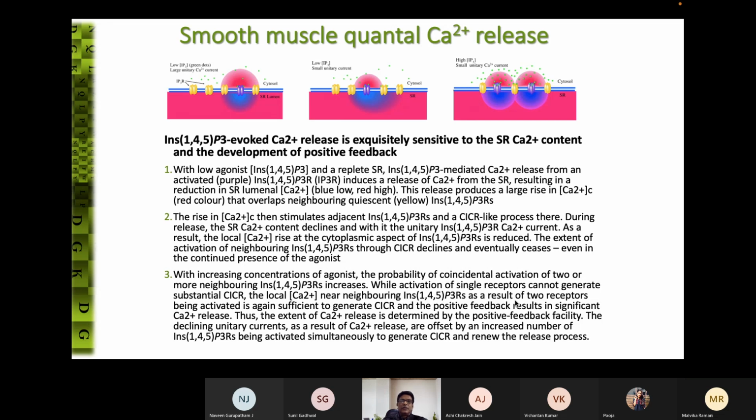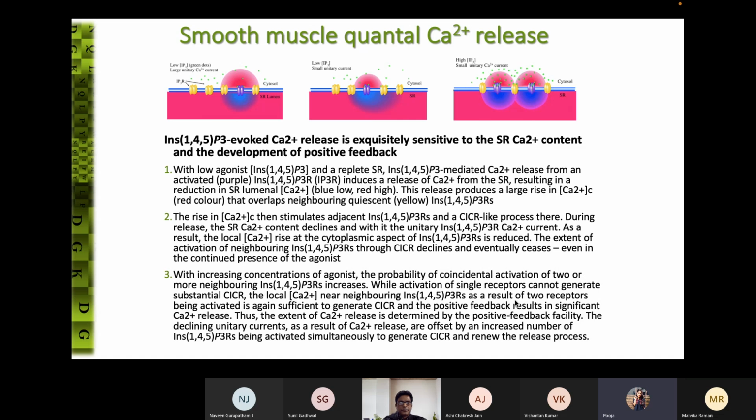They are not random, but they will differ depending upon the cell type, rather the receptor type, also the cell type actually, and where it is and how much of that is being present. So it is not a random thing. So the waves that you see would have a certain frequency, and that frequency is important also.